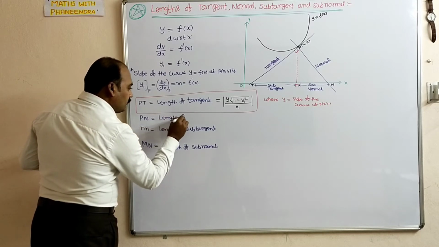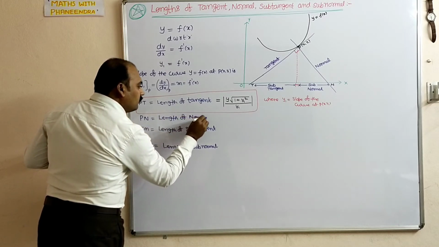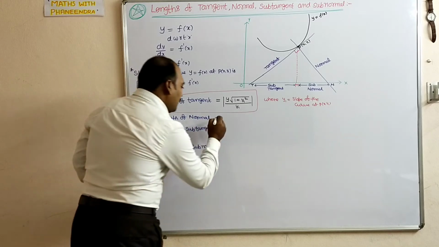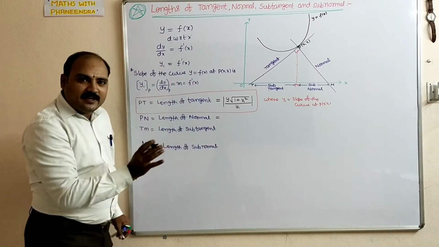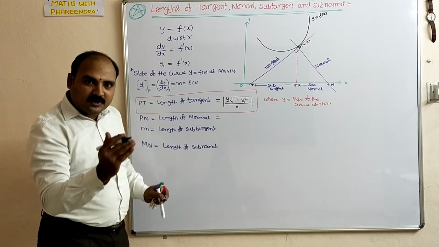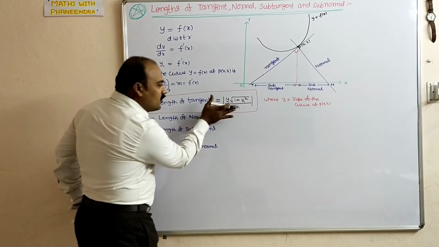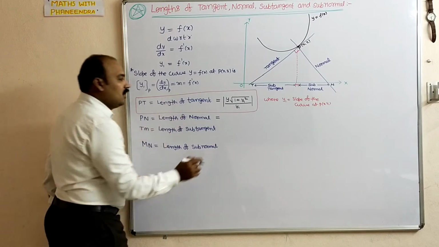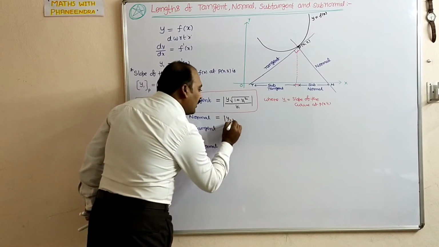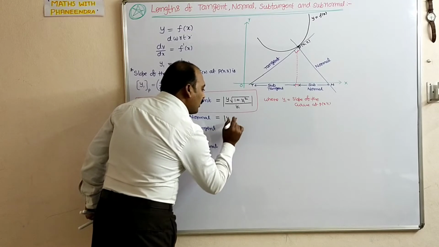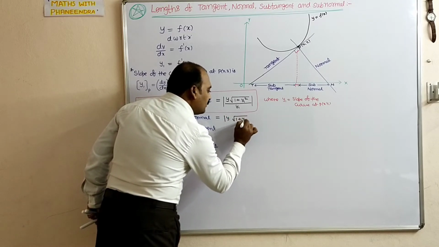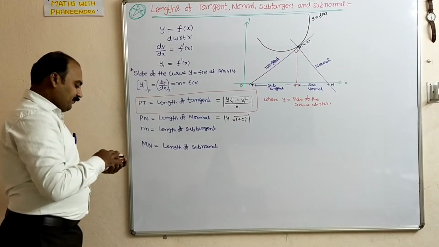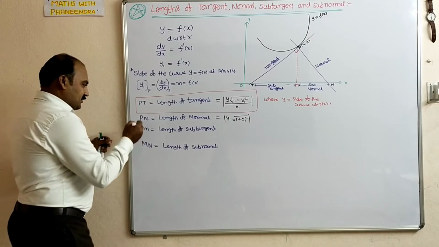How to write the formula for length of normal? It's very easy. Length of tangent is mod y into root of 1 plus y1 square by y1. If we remove the denominator, whatever we have in the numerator, that value is called length of normal. See here, mod y1 into y into square root of 1 plus y1 square. This value is called length of normal.